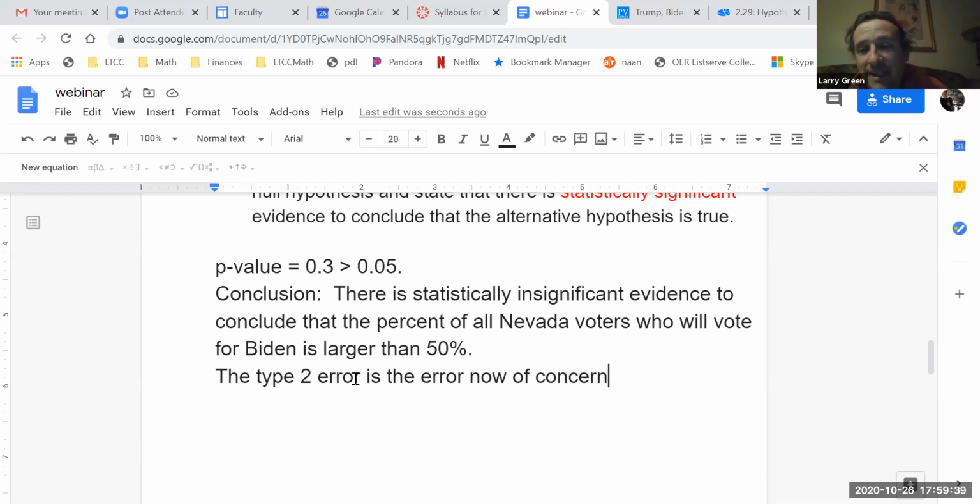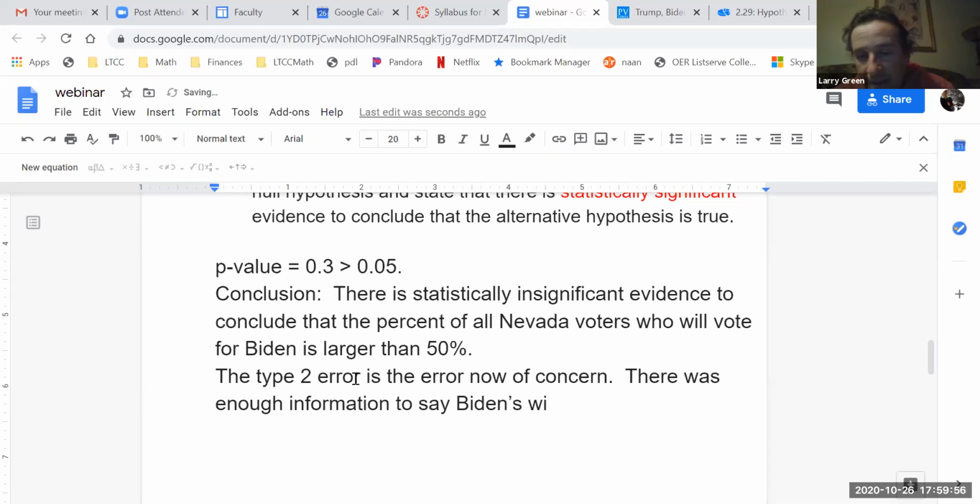And that means we didn't have enough information to show. So there was not enough information to say Biden's winning. But he is winning. Any questions on that?